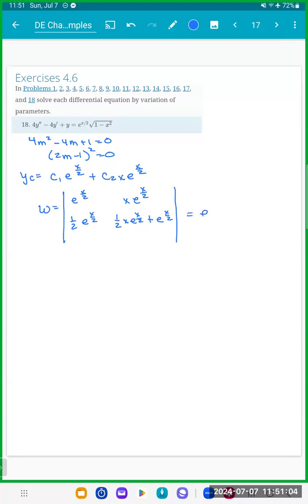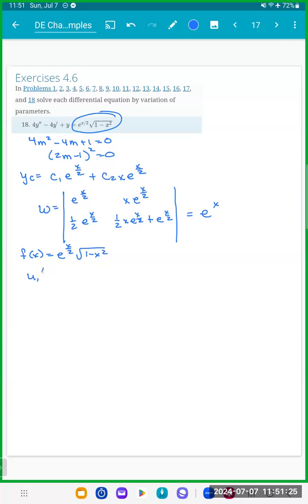That simplifies to e to the x. Our function is e to the x over 2 times the square root of 1 minus x squared. Okay, so f of x equals e to the x over 2 square root of 1 minus x squared.